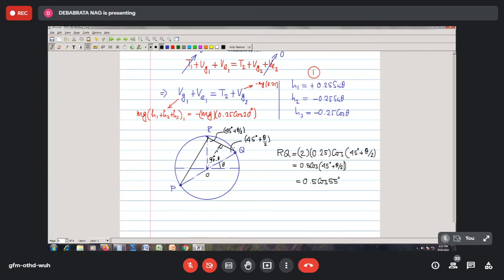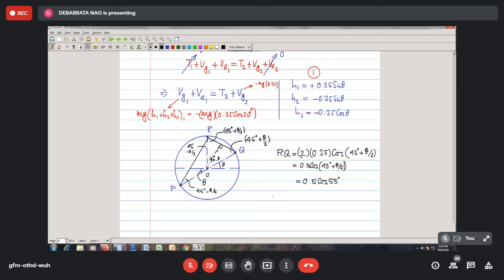Right? And PR also we can do in this way. Say if this is theta, then this must be theta, this must be theta, and this is 90 degree. So this entire angle becomes 90 degree plus theta, which means these angles will now be 45 degree minus theta by 2, and this will also be 45 degree minus theta by 2. Correct?